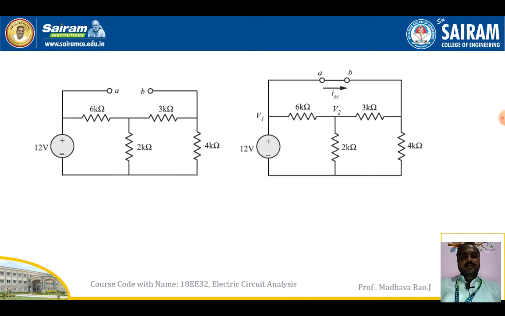We removed it and made a short circuit across that 2 kilo ohm resistor, where we are finding the current. That resistor we need to remove and make a short circuit in Norton's theorem. After removing the 2 kilo ohm and making the short circuit, we have to find the current flowing in that branch. What is the current ISC value we have to find out.